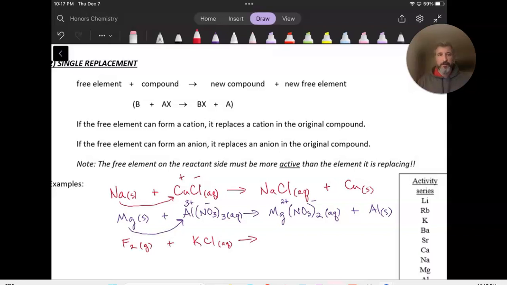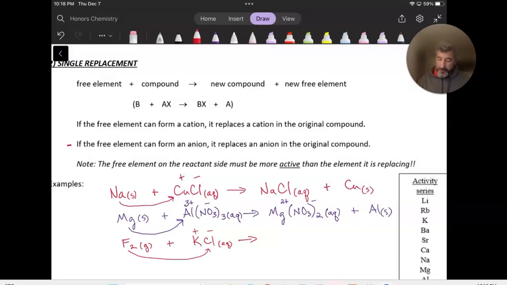So the second little note here says if the free element can form an anion, and fluorine can, then that means it's going to try to replace the anion in our ionic compound. So in this case, we have 1 plus potassium and 1 minus chloride, and so our anion would be the chloride, right? So the fluorine is going to try to replace the chloride.